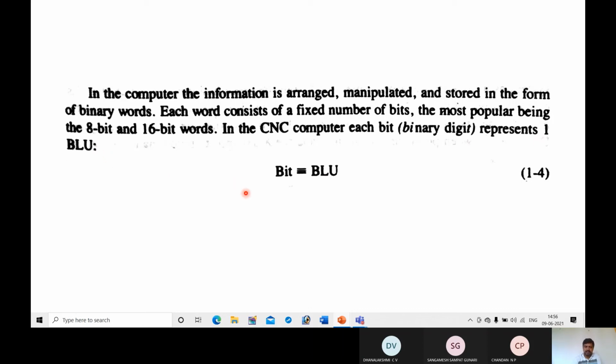That means in order to store one incremental position, one bit of memory is required. If you want to store 1000 incremental positions, then 1000 bits are required. In order to store one incremental position, one bit is required.